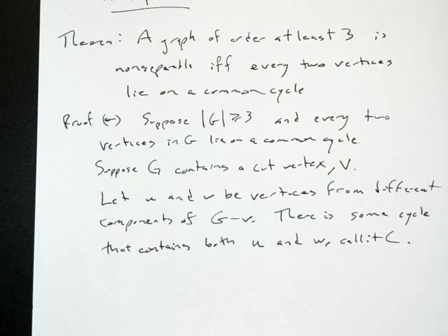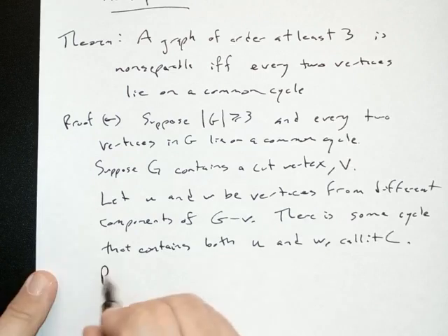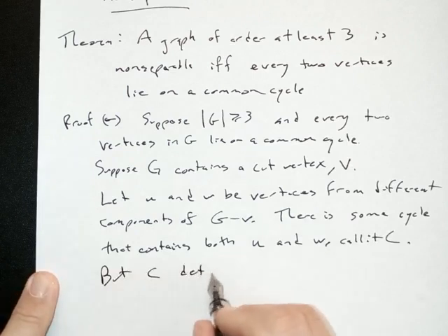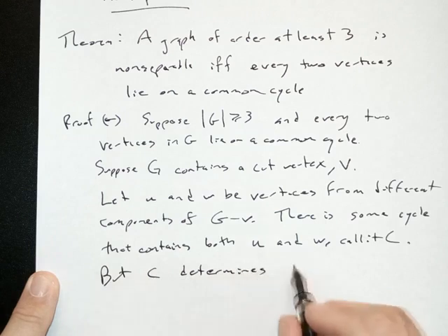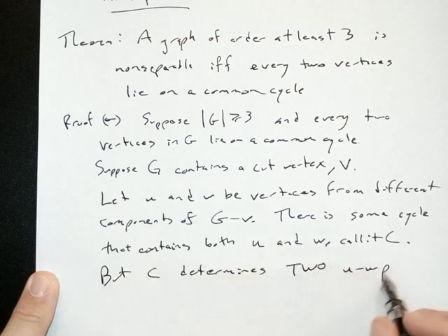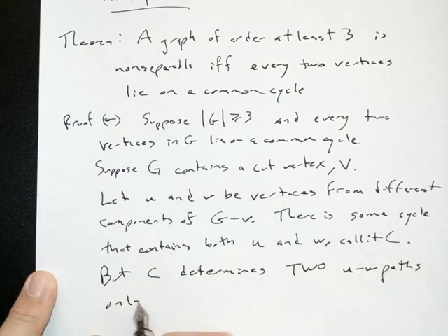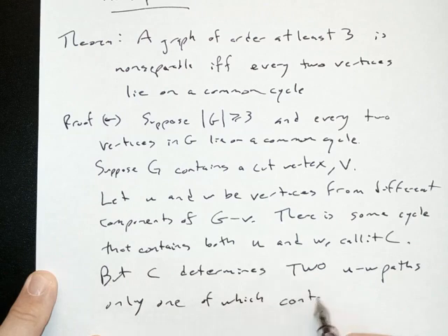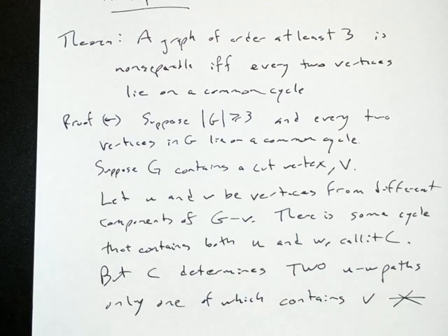I now have two paths between U and W, only one of which contains V. Because in a cut vertex, every path has to go through that cut vertex.